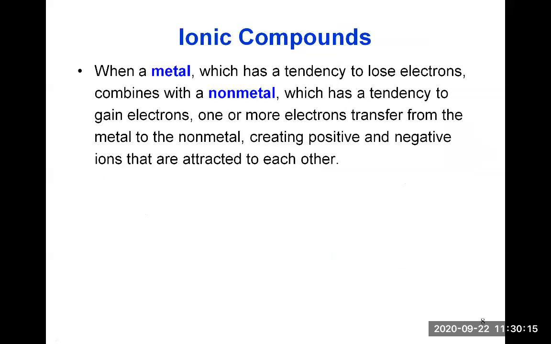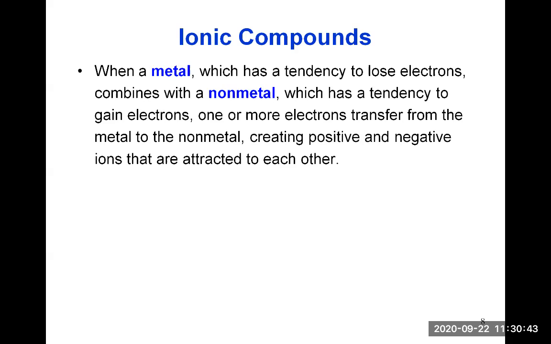So let's look at ionic compounds first. We know metals have the tendency to lose electrons, and non-metals have the tendency to gain electrons. So when a metal combines with a non-metal, one or more electrons can transfer from the metal to the non-metal, creating positive and negative ions that are attracted to each other.